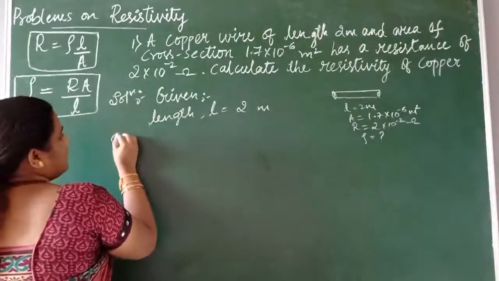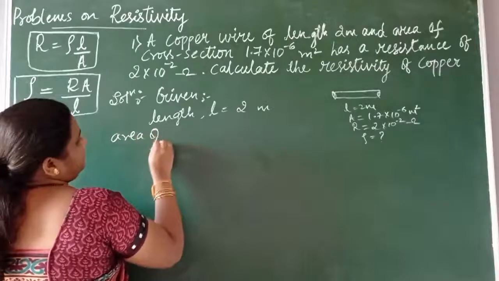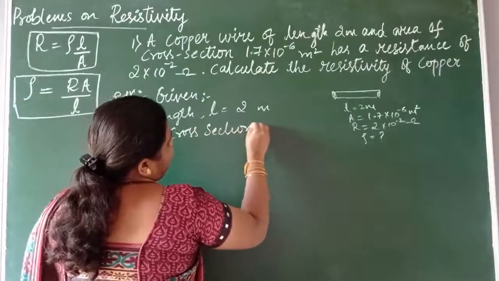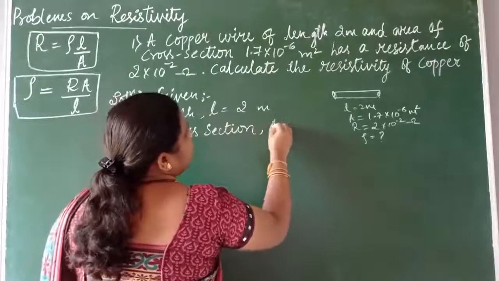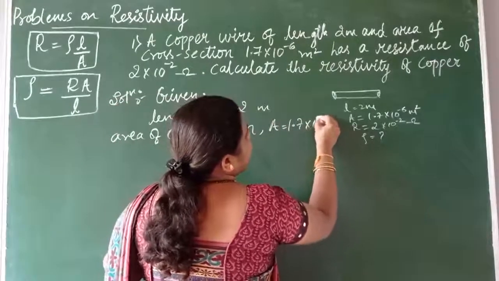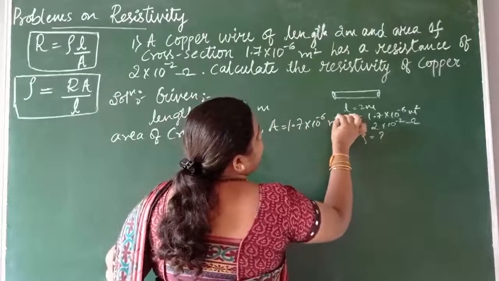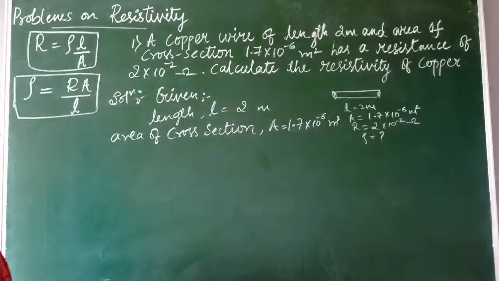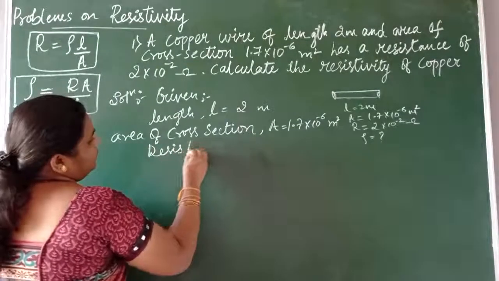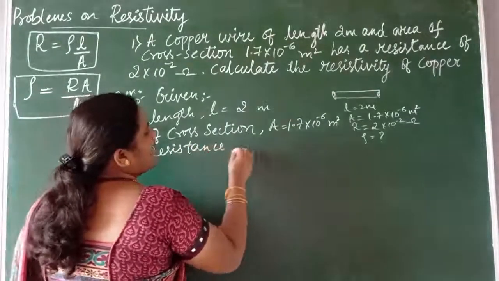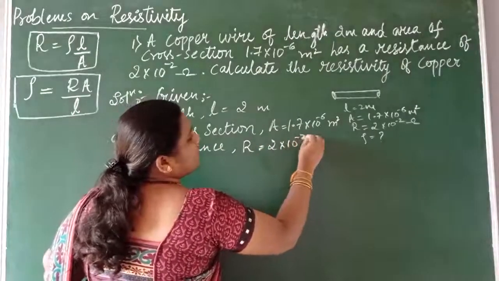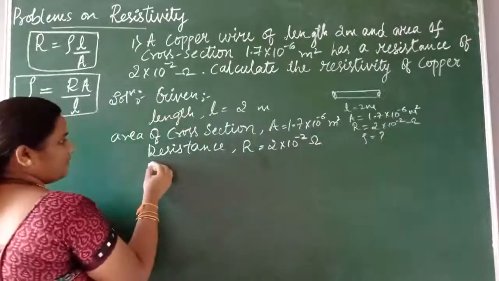Then area of cross section A is equal to 1.7 into 10 to the power of minus 6 meter square. Then resistance R is equal to 2 into 10 to the power of minus 2 ohms.